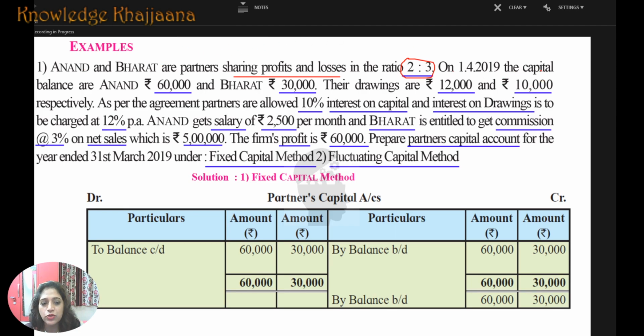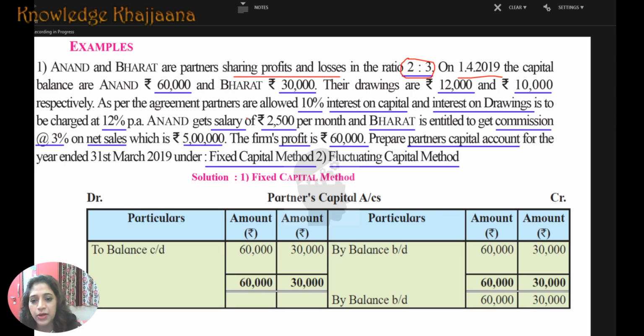On 1st April 2019, the capital balances are Anand having 60,000 and Bharat having 30,000. Their drawings are rupees 12,000 and rupees 10,000 respectively, means Anand has drawn 12,000 rupees and Bharat has drawn 10,000 rupees from the business.